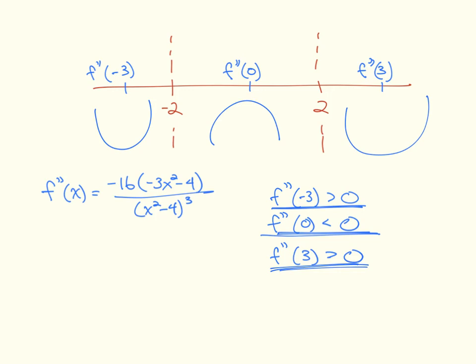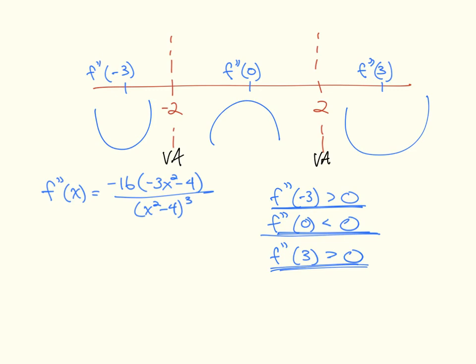So what you might think, by definition of the point of inflection, is that there is a point of inflection at negative 2 and when x equals positive 2. But in this case, that is not what happens. Since the x values negative 2 and positive 2 represent vertical asymptotes, it is impossible to give an exact x and y coordinate where the concavity changes.